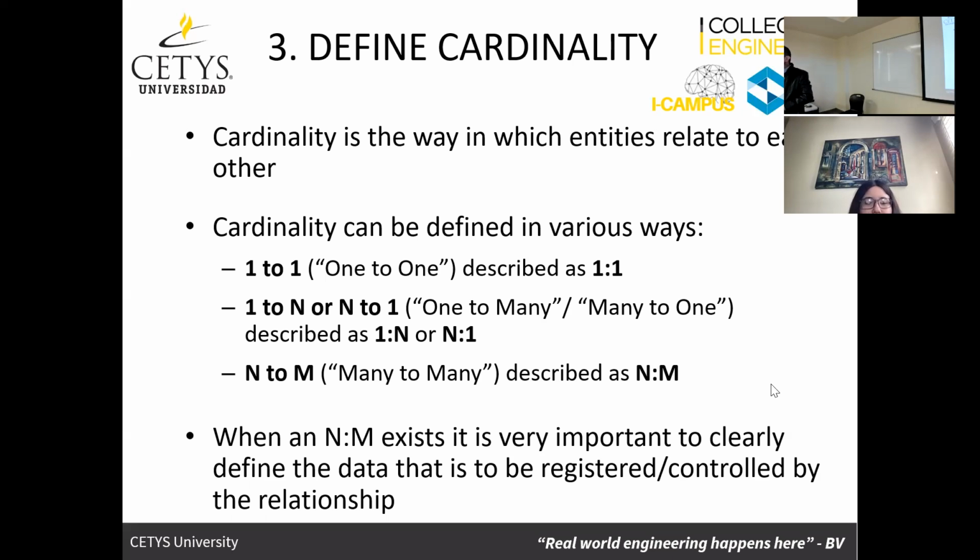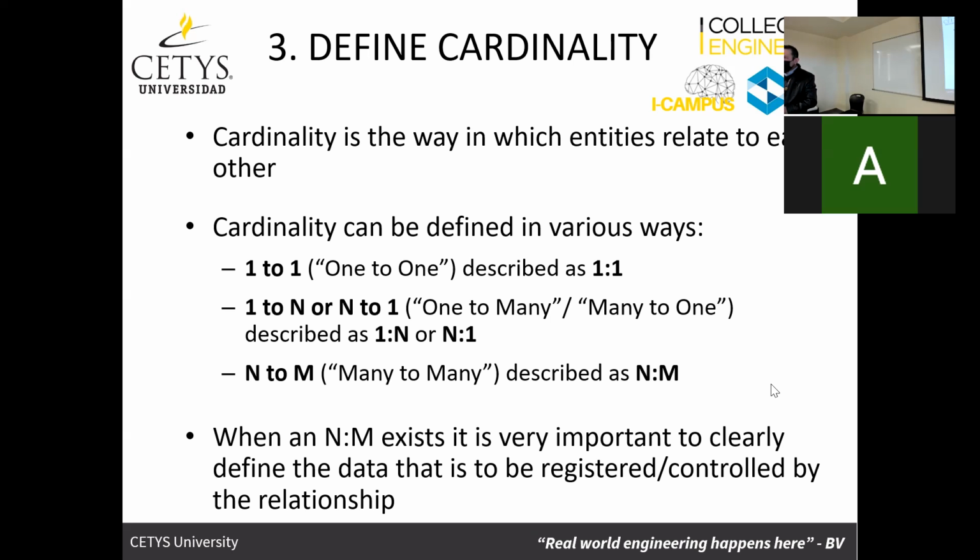Arturo, go ahead. So if I understand it right, it means that something can only have that certain type of entity. Yeah, so there are going to be certain relationships that we're going to see, not all of them, that are one-to-one. So that entity can only have one of the other entity, and the second entity can only have one of the first, okay? Why is that relationship important?